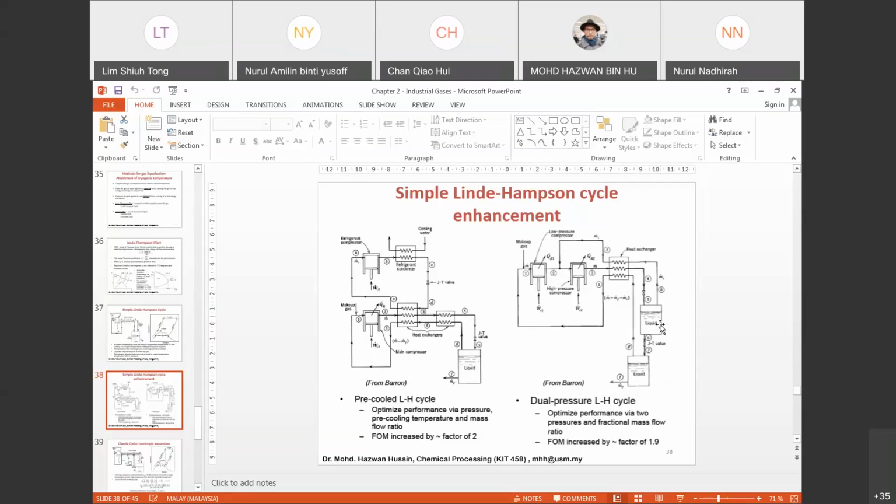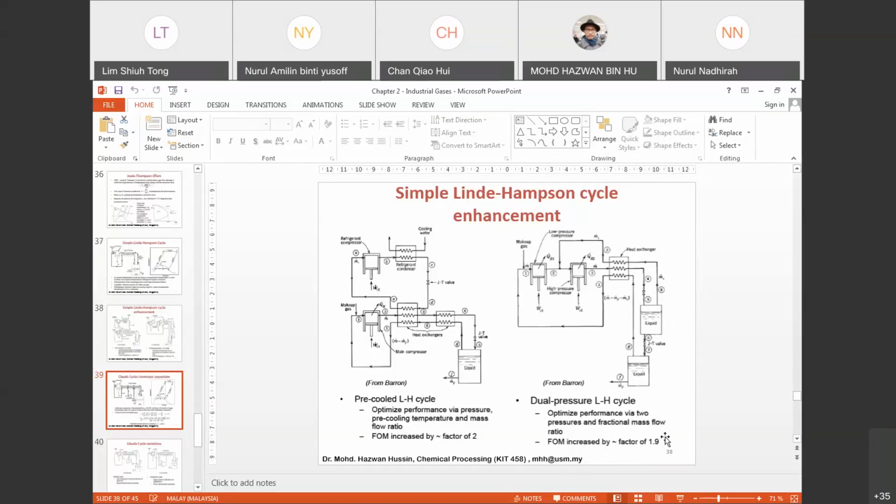Once it is kept in the liquid reservoir, it can be stored and kept for several years or for the next purpose. Right. So the dual pressure enhancement cycle optimizes the performance with two pressures and the fractional mass flow, and the factor of merit is increased by a factor of 1.9. So the factor of merit is almost the same, not much different.